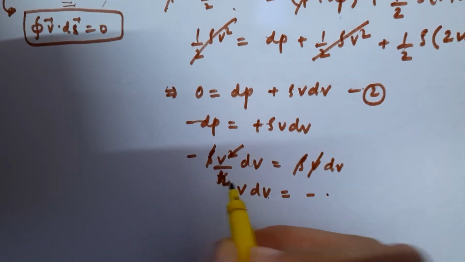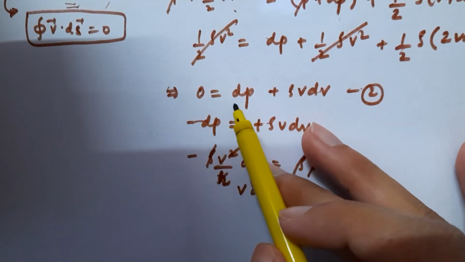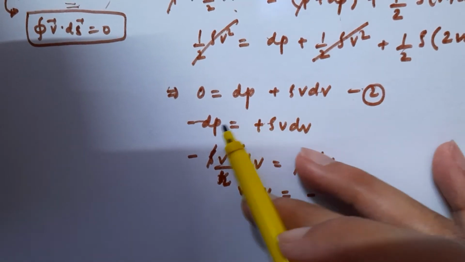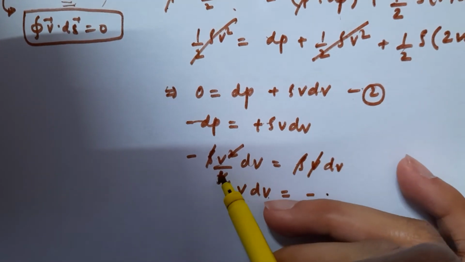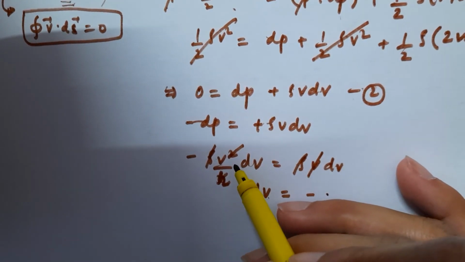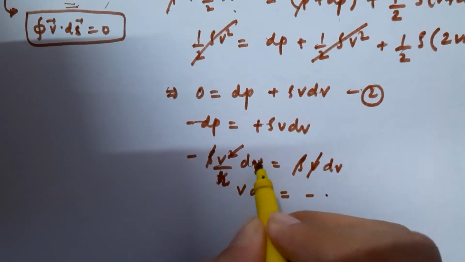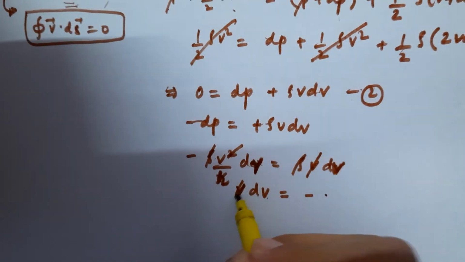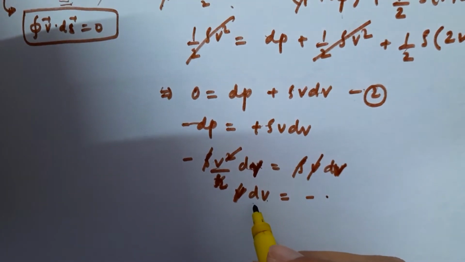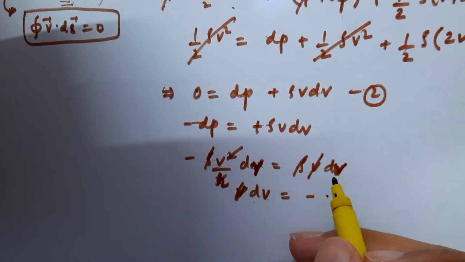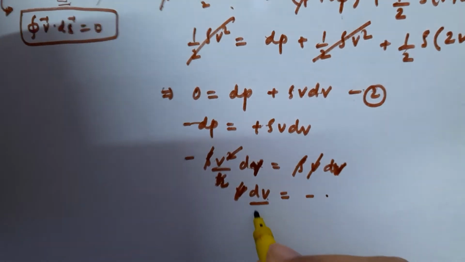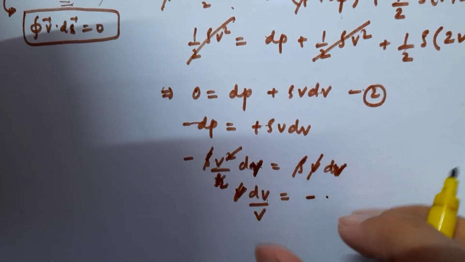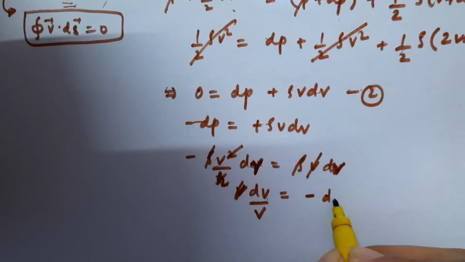Let me check. I have here 0 is equal to dP plus rho V dV, right? And I have minus dP equal to rho V dV. I think here I have dP is rho V squared. Okay, here it is dr, I am very sorry, this is dV, right? I had solved it earlier, so I know what happens. I have minus dV upon V then is equal to, there is a chaos there, okay, I will solve it for the sake of clarity.